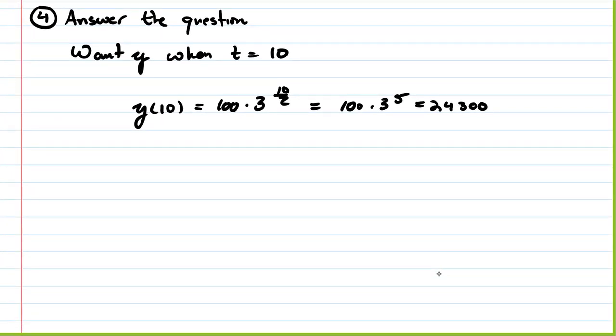All right. So the next problem we want to talk about deals with chemistry. Specifically, we want to talk about radioactive half-lives.